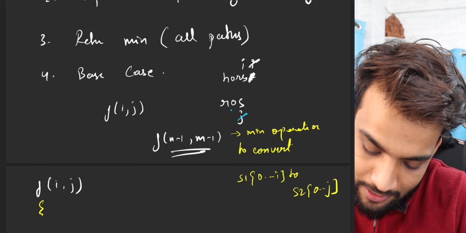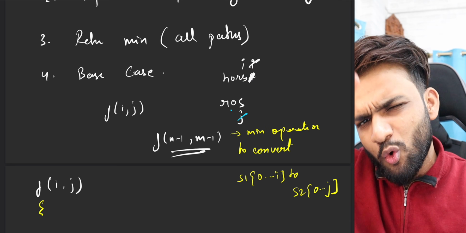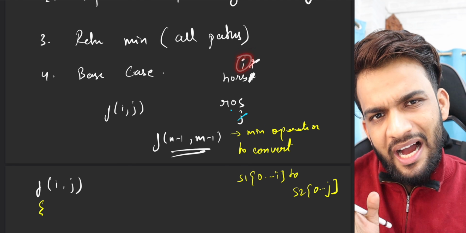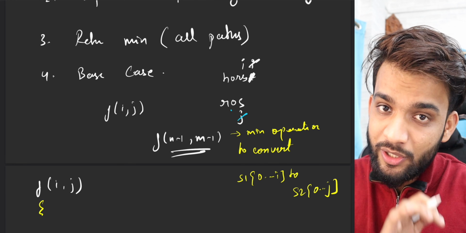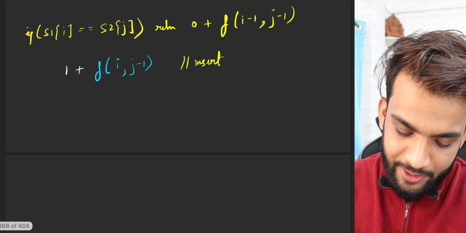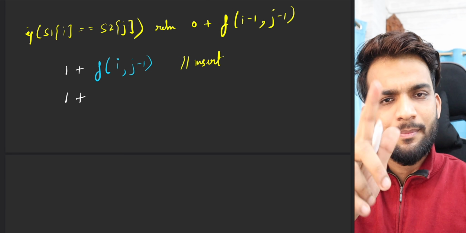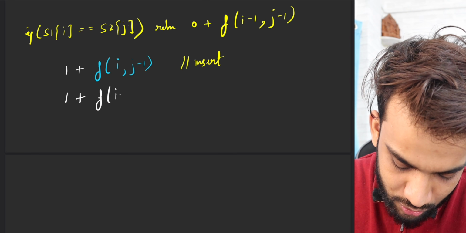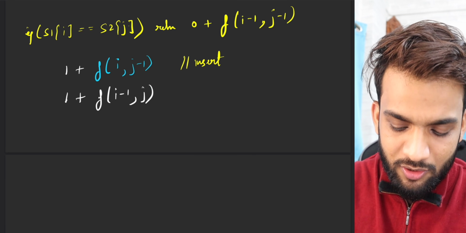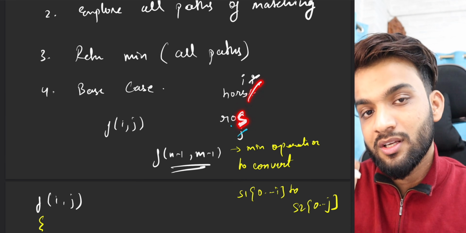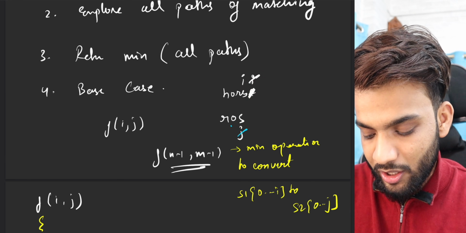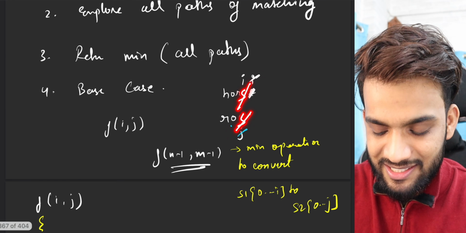So if I delete it, i reduces, and I'm again taking one step. i will reduce, and does the j reduce? No. You deleted, but you're still looking for this S, which will get matched at the next step.